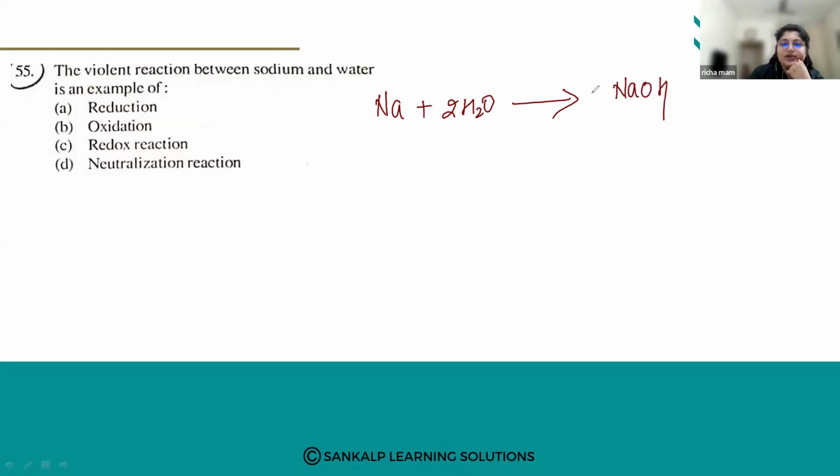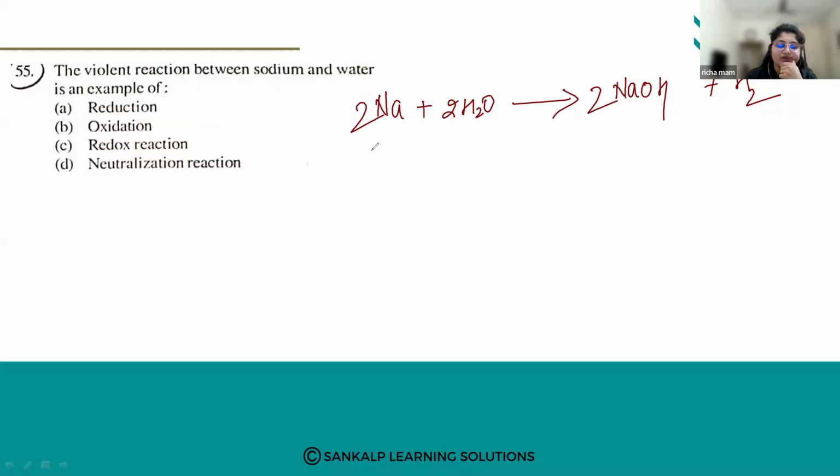Now here hydrogen gas will be liberated. Hydrogen is 2 here, 1 here. So this becomes 2 sodium, again 2 sodium. Then oxygens are 2, hydrogens are 2 plus 2, 4. So this is a balanced reaction.